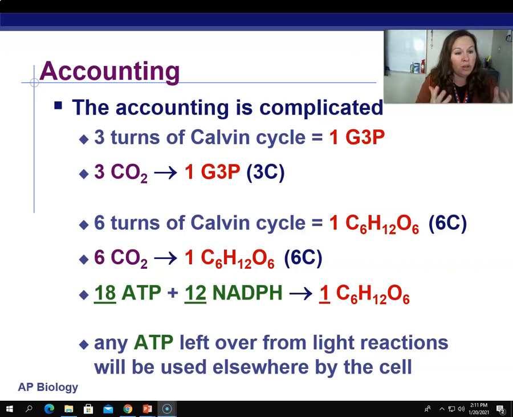So if we're talking glucose, that means it's going to take 6 turns of the Calvin cycle to make one glucose, if we consider it that way. So that means it takes 6 carbon dioxides to make a glucose. And then in terms of ATP, it takes 18 ATP and 12 H's, or NADPH's, to make one glucose. If there's any ATP left over from the light reactions, well, ATP is also useful anytime. So we're not worried about leftovers with ATP.